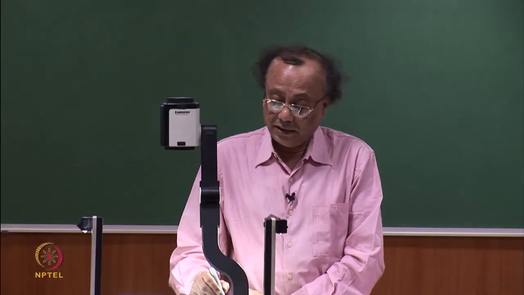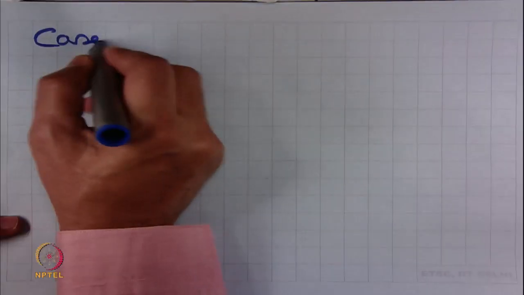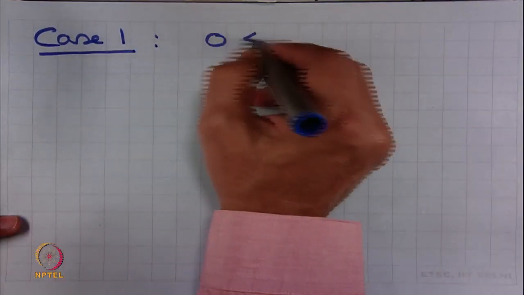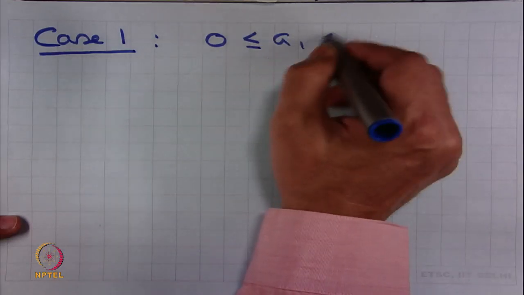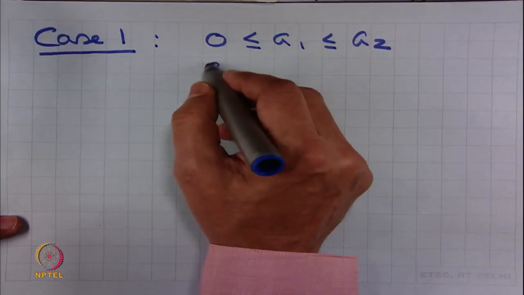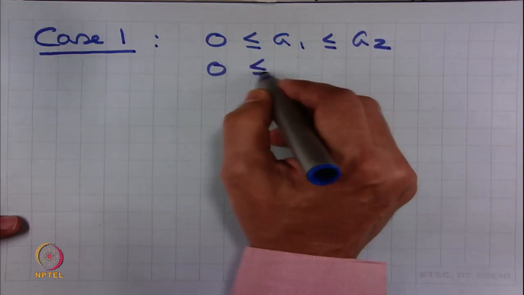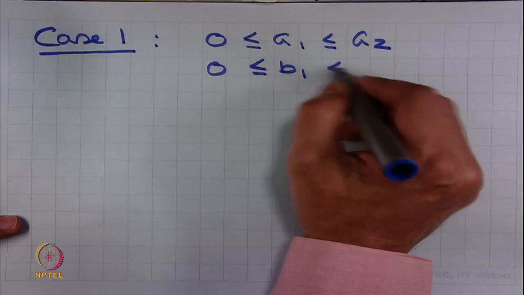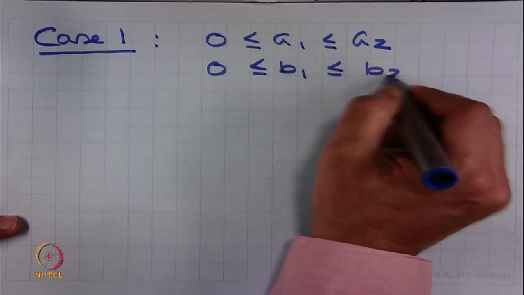So, let us look at case 1, when 0 less than or equal to A1 less than or equal to A2 and 0 less than or equal to B1 less than or equal to B2.